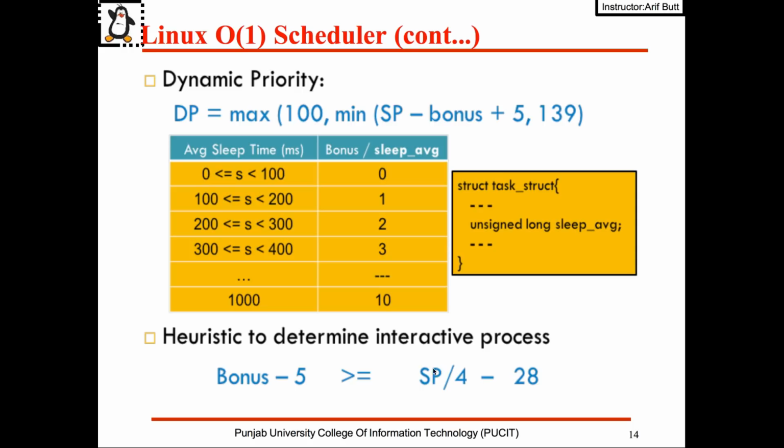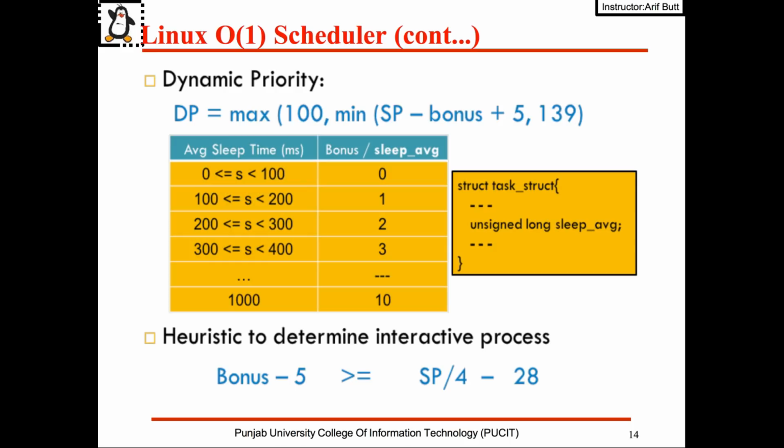So a process with static priority of 100, that is nice value minus 20, is considered interactive when its bonus exceeds plus 2 or average sleep time exceeds 200 milliseconds. And if a task is sufficiently interactive, for example a text editor, when its time slice in the active queue expires, it is not moved to the expired array, rather it is inserted back in the active array.